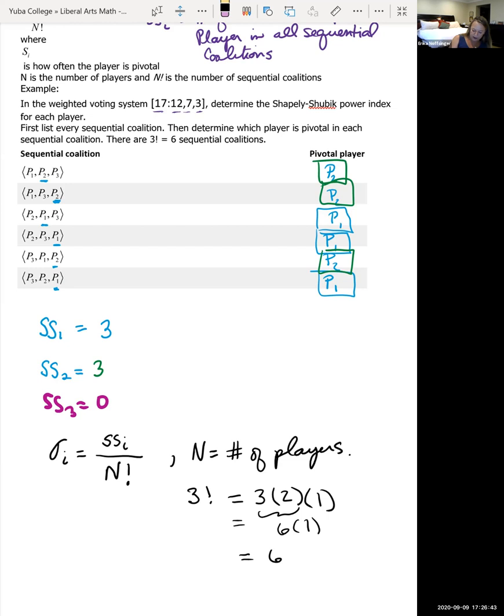So for player 1, the Shapley-Shubik index is 3 over 6, which reduces to 1/2. For player 2, the number of times they were pivotal was 3, all over the number of sequential coalitions, which is 6, which gives us 1/2. And the index for player 3 is 0 over 6, which is 0.